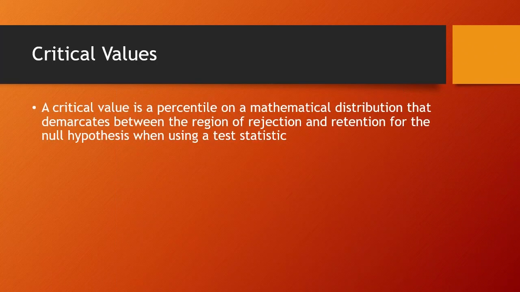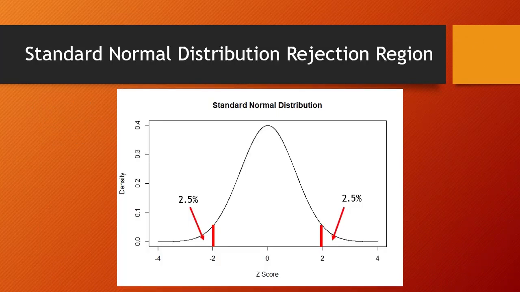A critical value is a percentile on a mathematical distribution that demarcates between the region of rejection and retention for the null hypothesis when using a test statistic. What I'm showing you here is a standard normal distribution in which I have marked off two areas, one in each tail.